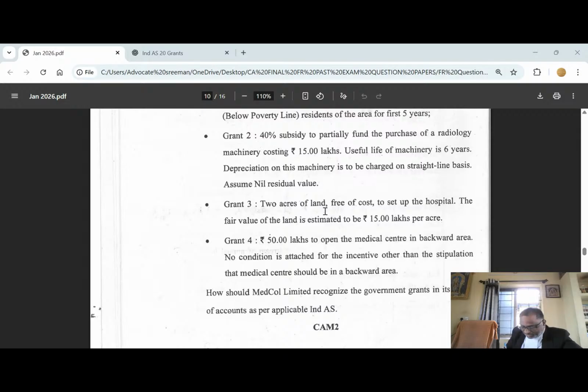Now Grant 3, 2 acres of land received free of cost.